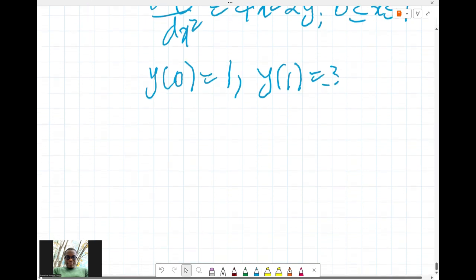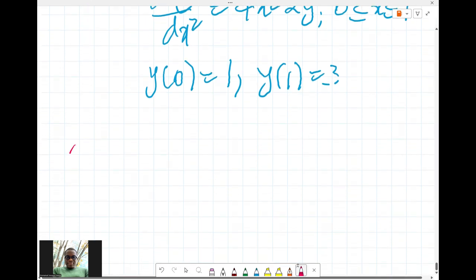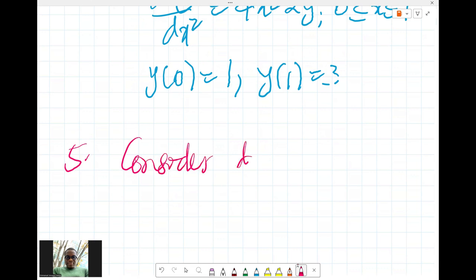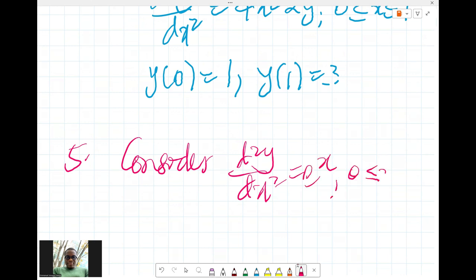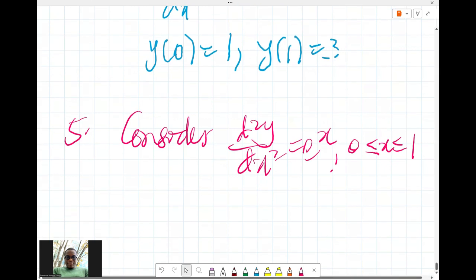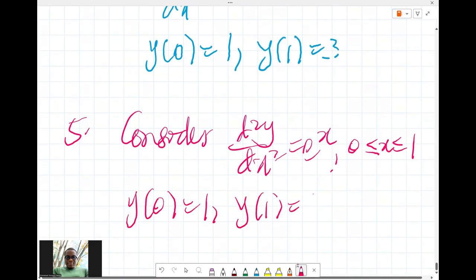And lastly, we have a fifth one, question 5. Consider d squared y dx squared equal to e raised to power x, where 0 less than or equal to x less than or equal to 1. And of course, the boundaries: y of 0 is 1 and y of 1 is equal to 2.